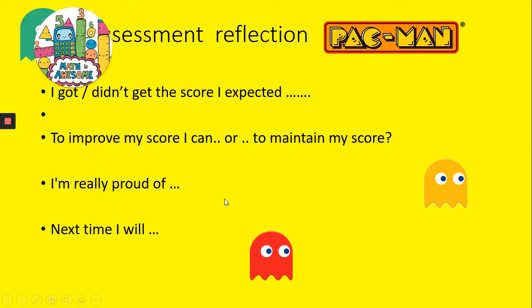You could be proud of how well you revised. You could be proud of a certain question that you didn't think you'd get right. And then what will you do next time? Okay, so will you revise more? Have you figured out any strategies that might be useful for your next assessment or the way you learn? Okay, I look forward to seeing all your answers.